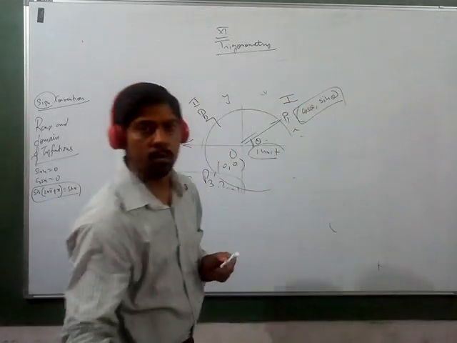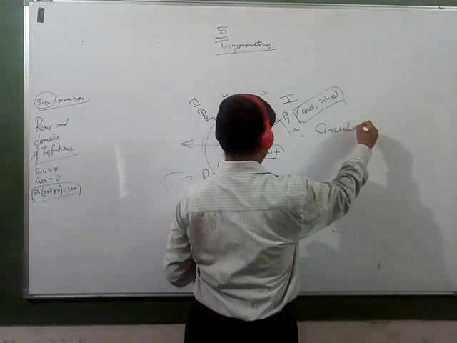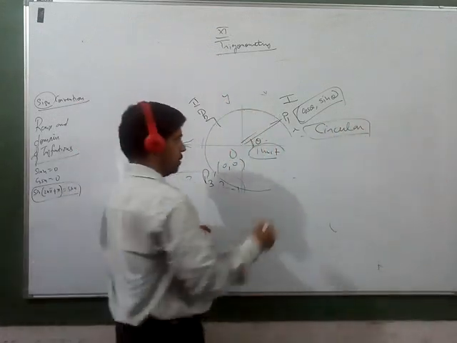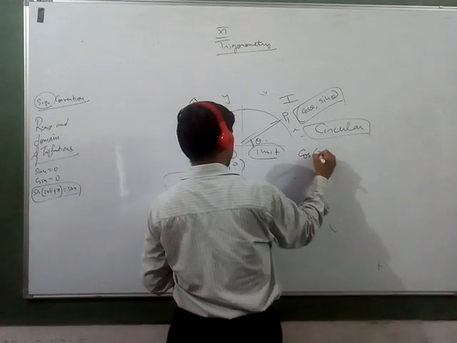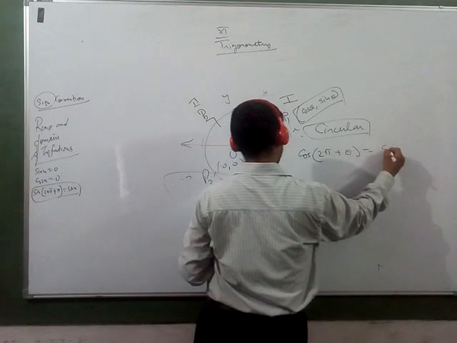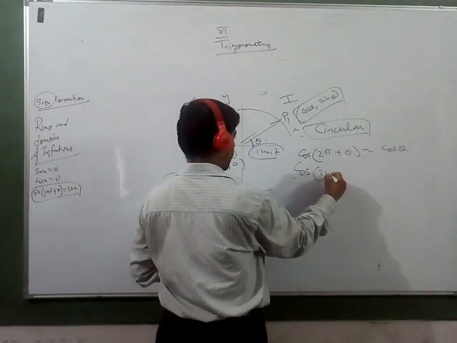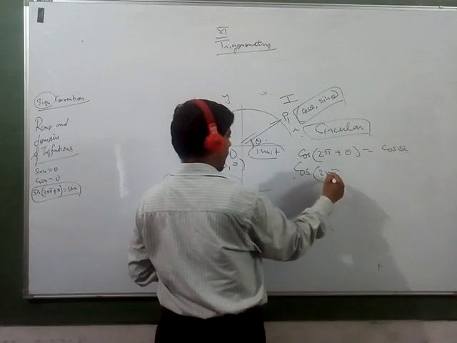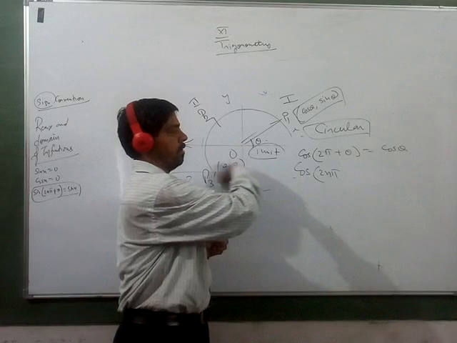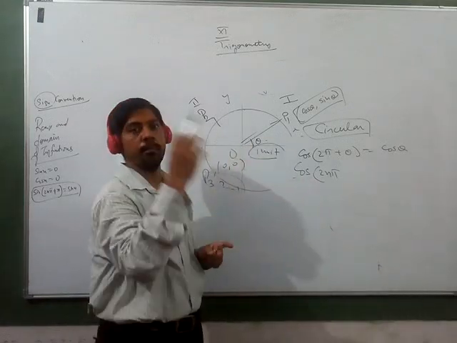Trigonometric functions are also called circular functions because they repeat after 2 pi. So I can write cosine of 2n pi plus theta is the same as cos theta. Here n is any integer, negative or positive, because whether you take positive rounds or negative rounds, it will again be a circle and the values will repeat.